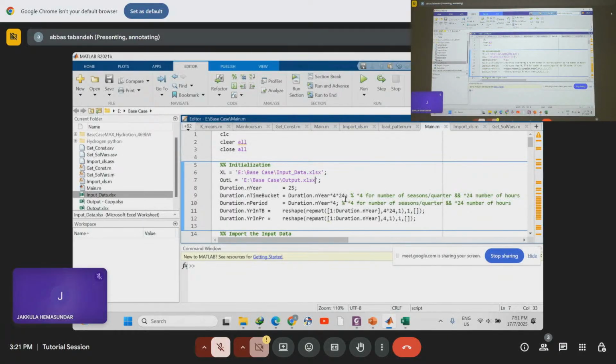You could also multiply it by, for example, 30 to show every month, and multiply it by 3 to show, for example, 3 months in each season. It depends on how you model your problem. So the number of periods is equal to the number of years multiplied by the 4 quarters that we have, as you can see.